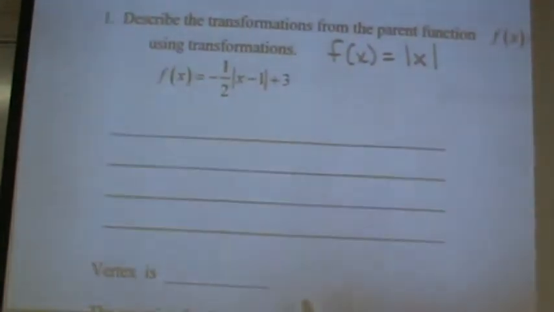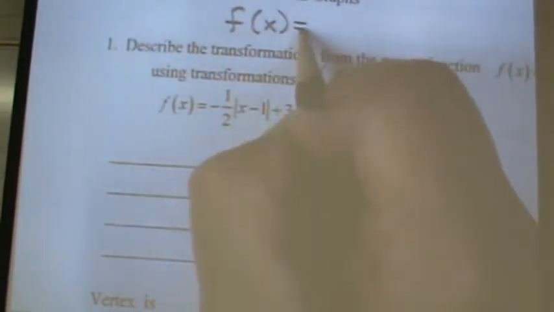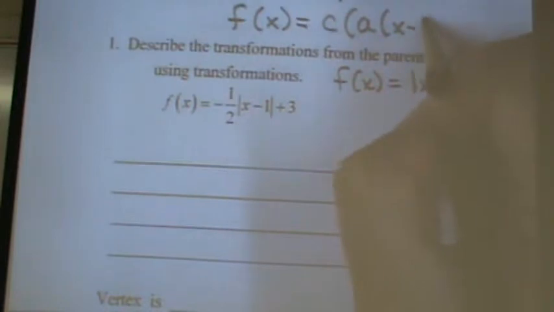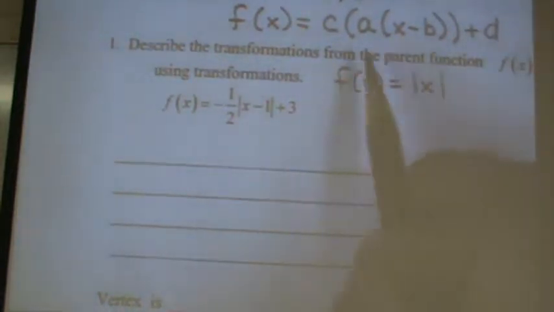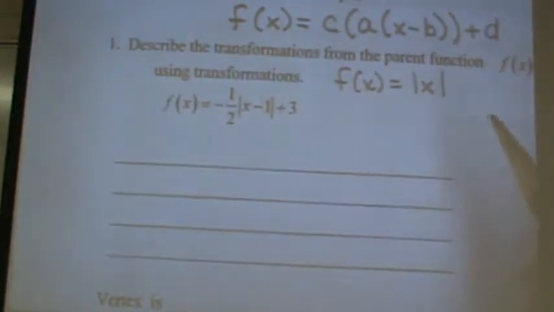Absolute value of x. So let's, in order, talk about the transformations. And when I say in order, I'm talking about this order that we've discussed. C, A, then B, and then D. Okay? A and B are horizontal.